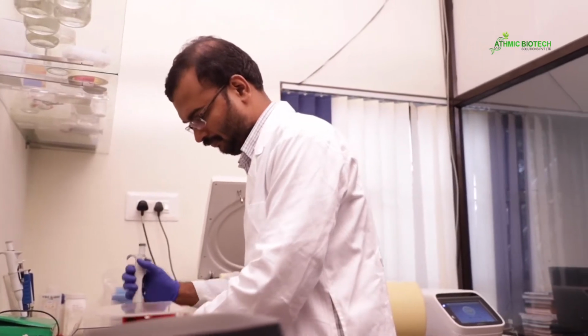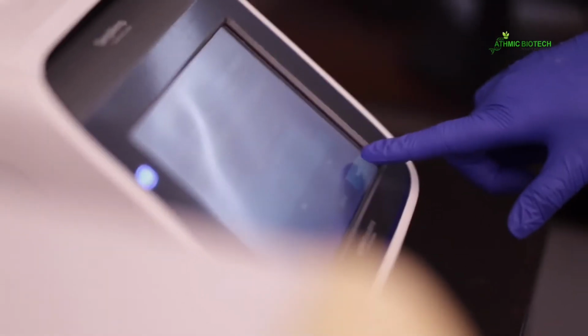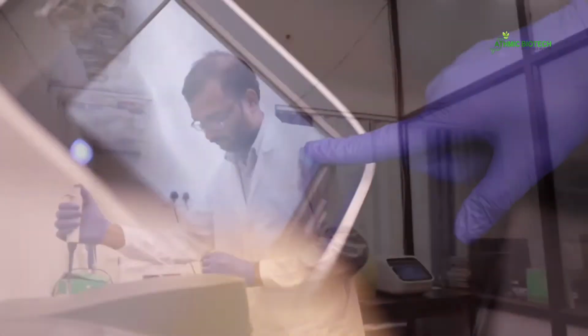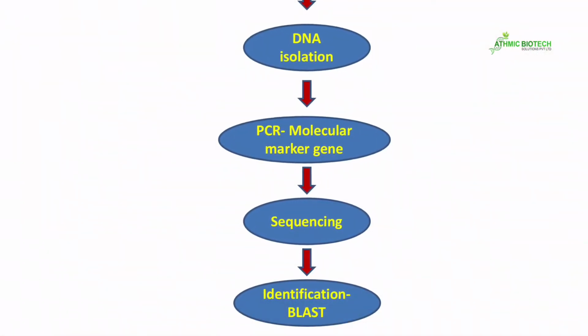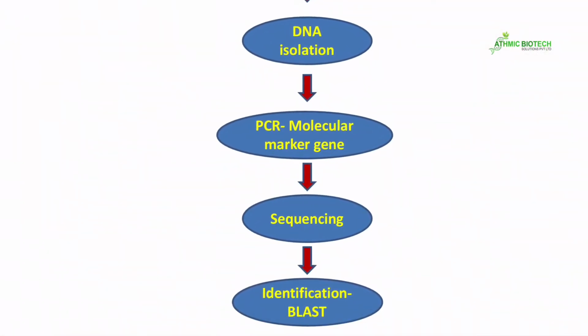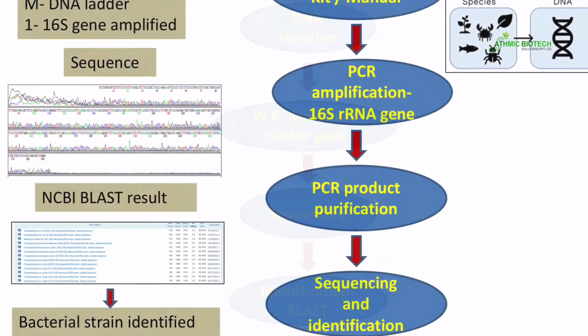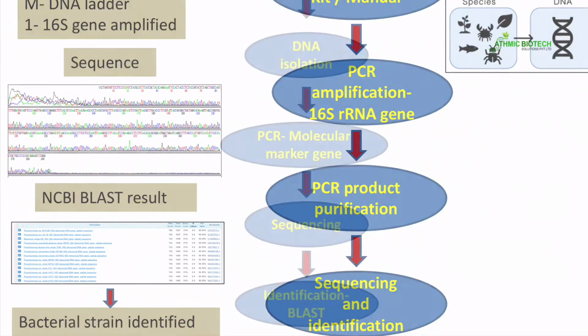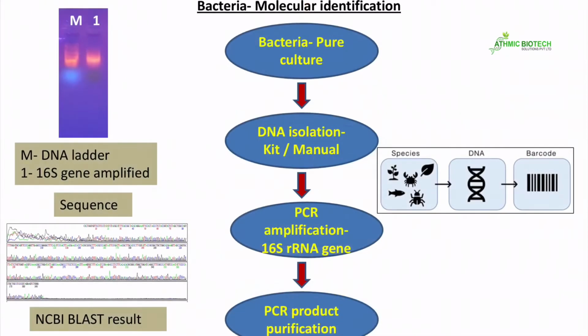If you take an Escherichia coli from here and another Escherichia coli from an Arctic region, sequence the 16S rRNA gene and BLAST that sequence, you will get the result as Escherichia coli. That is the advantage of a molecular marker gene. From where you isolate that organism doesn't matter, because at the molecular level that organism is the same.